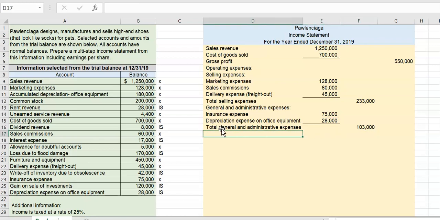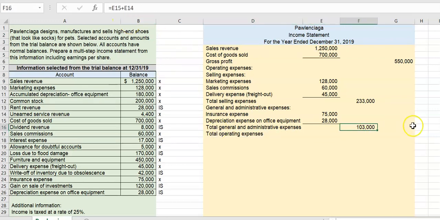And then finally, let's put in a subtotal for total operating expenses. And what are total operating expenses? That should be a really easy question. It's the sum of my general administrative expenses plus the total selling expenses.